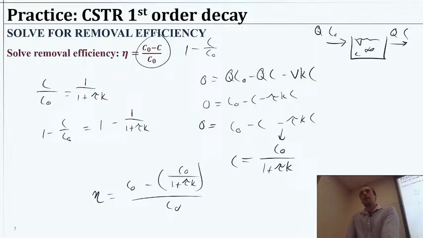As with algebra, there's a few ways we can begin, a few starting points we could take. Assuming we do all the algebra correctly, it should all work out. And we could see this would cancel, be 1 minus, also cancel with that, 1 minus 1 over 1 plus tau k. So, cool.